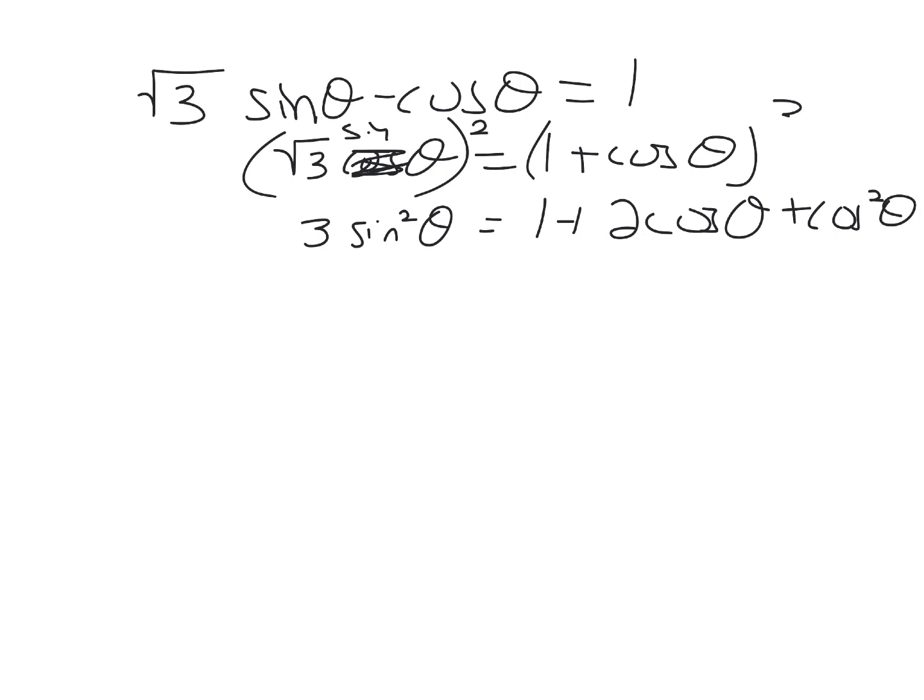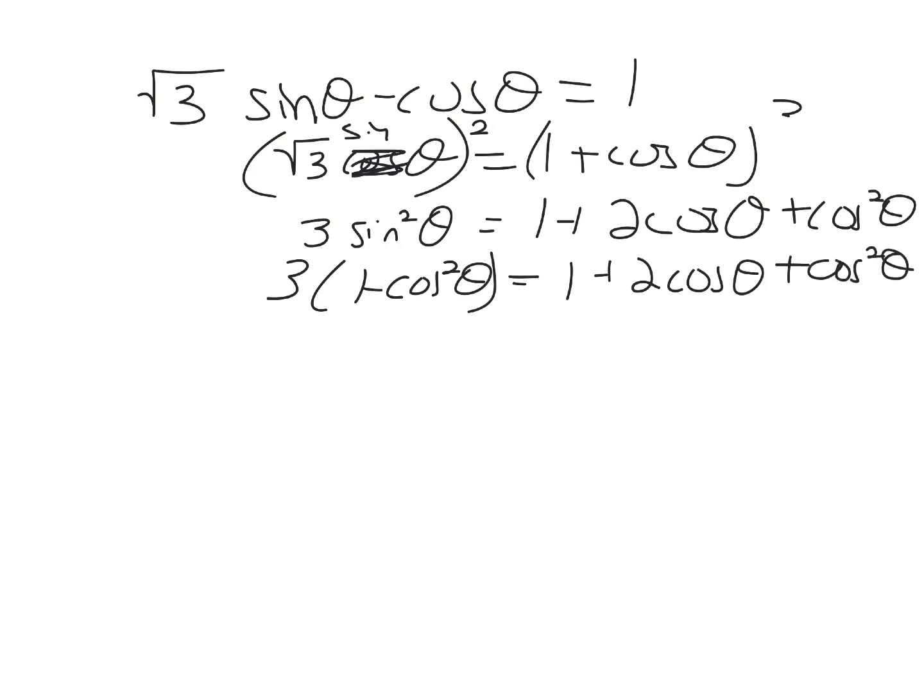Now we can apply your Pythagorean identity. Once again, sine squared theta we know is equal to 1 minus cosine squared theta. Multiply that by 3.